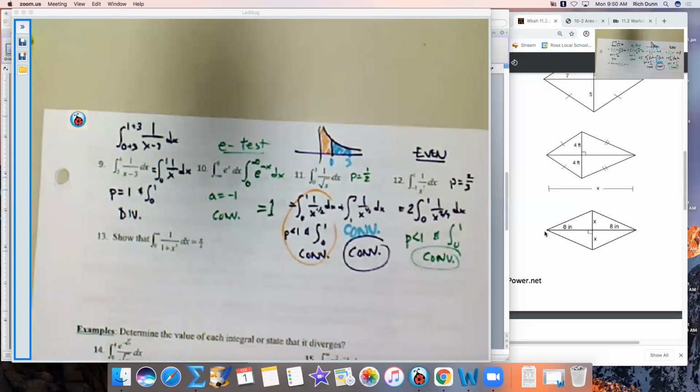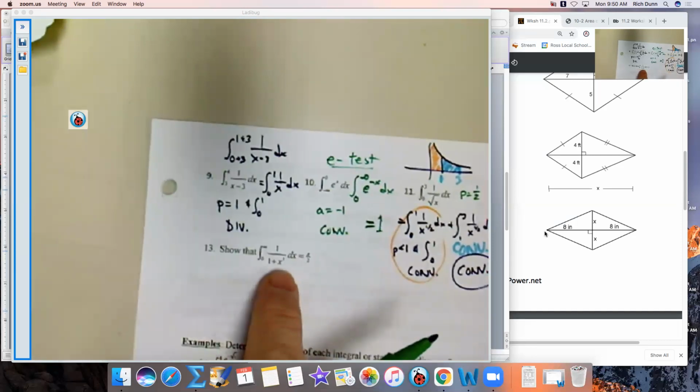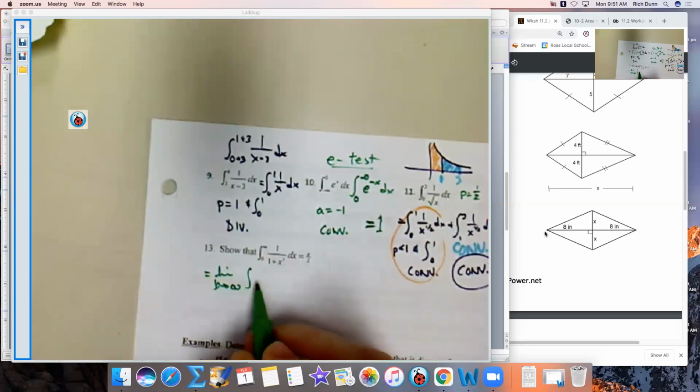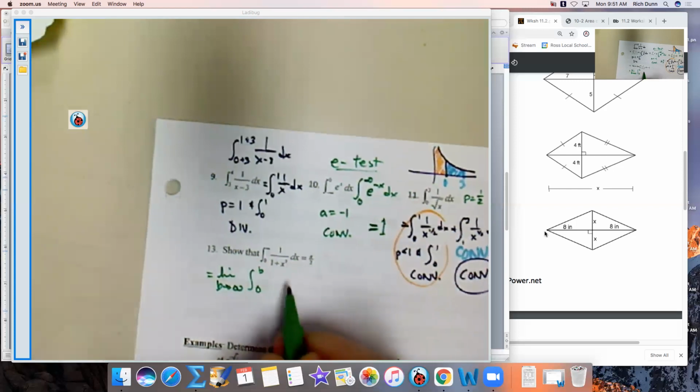Next one is a show-that problem. Let's show that this will equal pi divided by 2. First of all, we don't have a problem at 0. We will have a problem at infinity, so this is improper when we look at our upper bound of b. So we'll rewrite this with our limit.